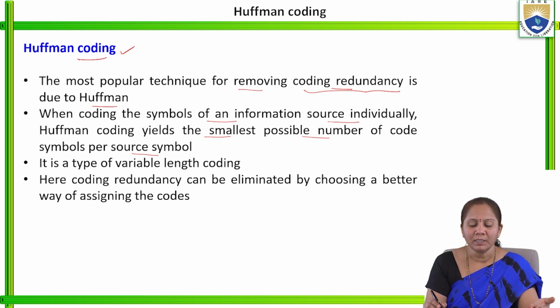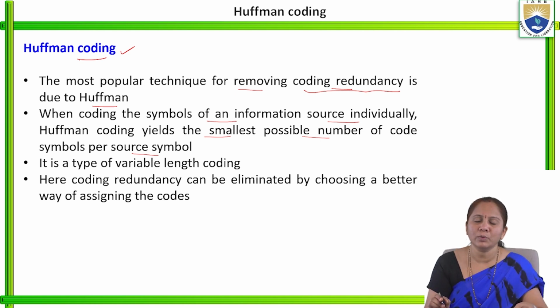If we apply Huffman coding, it uses very few symbols during the coding process. So using Huffman coding will eliminate coding redundancy. It is a type of variable length coding. Here coding redundancy can be eliminated by choosing a better way of assigning the codes. So this is some simple information about Huffman coding.